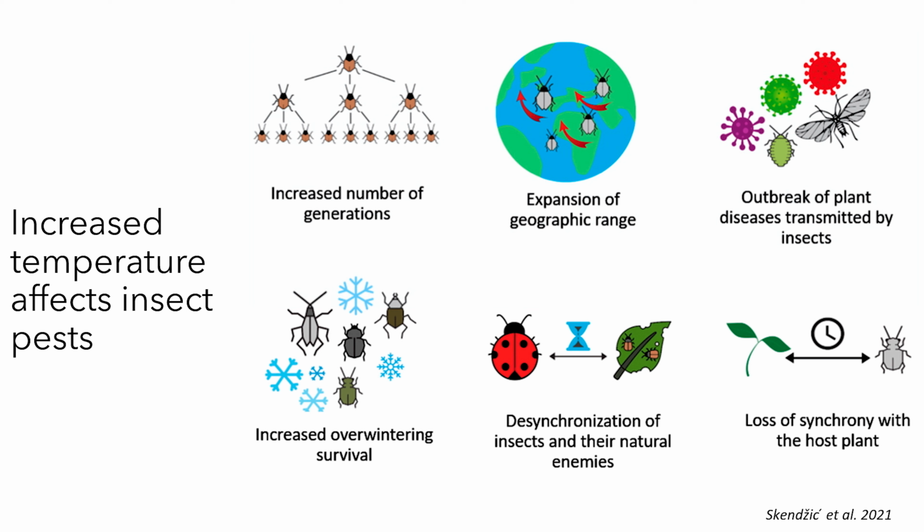Again, if some geographic regions were previously not suitable for a certain insect, that region can become suitable, right? Other cases mentioned are outbreaks of various diseases transmitted by insects, again for the same reason: you expect more population increase in these vectors, which will impact the overall outbreak of the diseases.